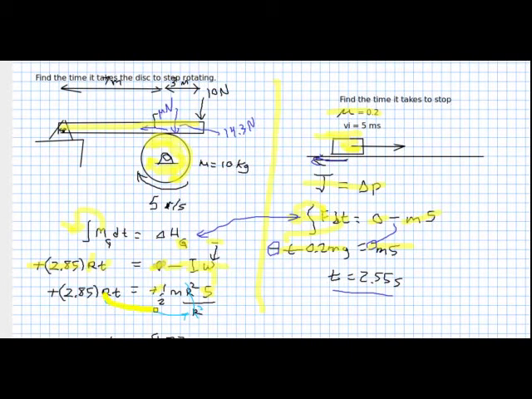Bring this r down to the other side and solve for t, and we get 2.92 seconds, and that's using an R of 3 meters.